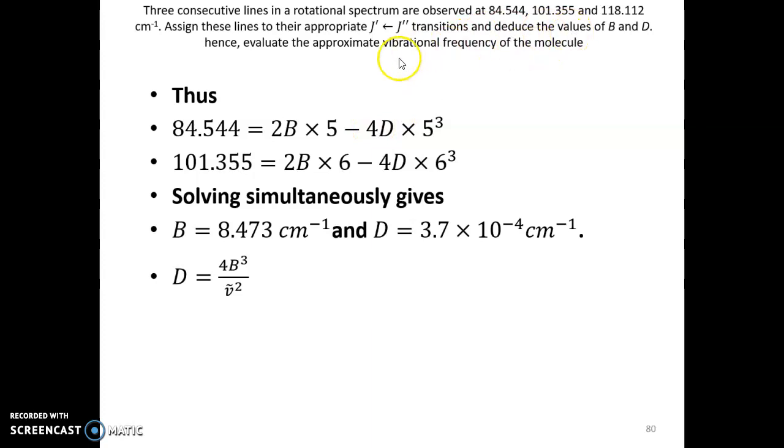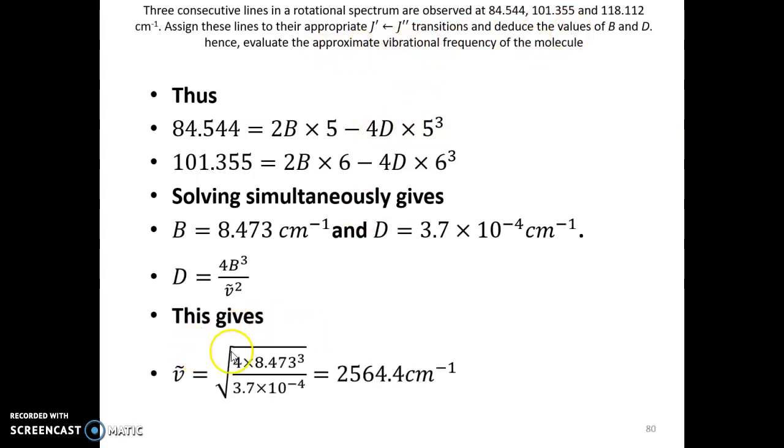The other part of the equation is the approximate vibrational frequency of the molecule. So we make v the subject of the formula, and we obtain 2564.4 wave numbers. So see you in the next video.